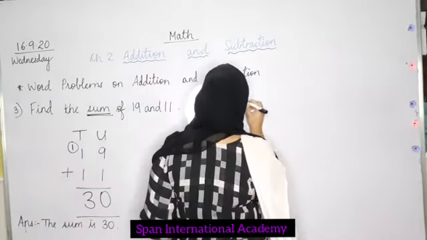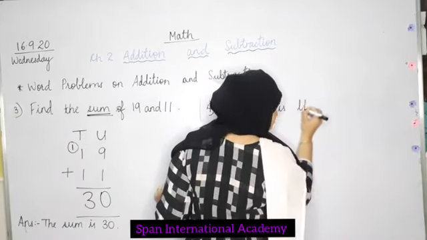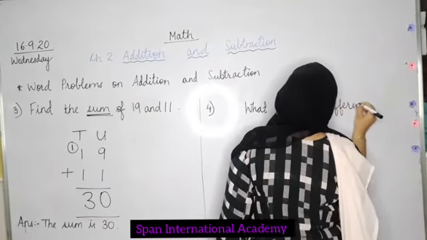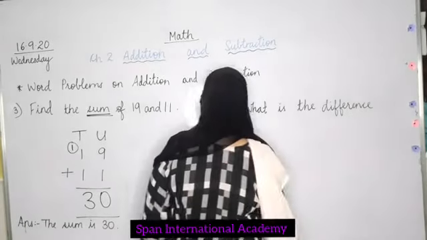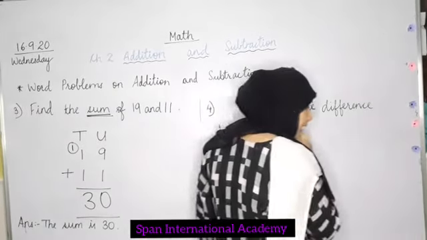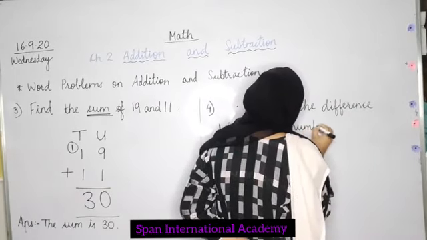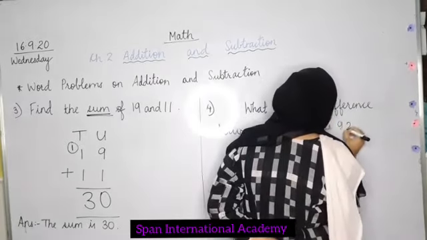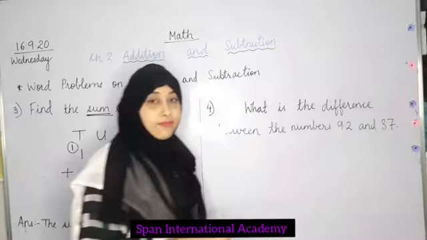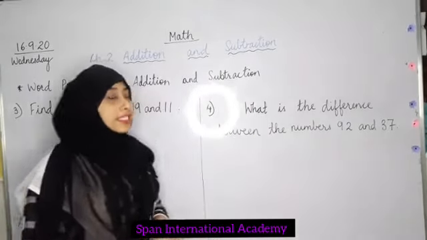Here we are going to find out what is the difference between the numbers 92 and 37. What is the difference between the numbers 92 and 37?